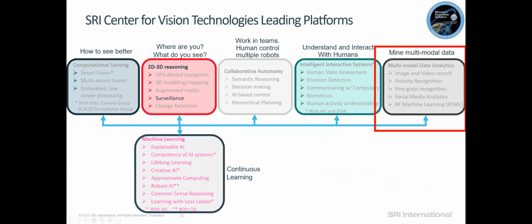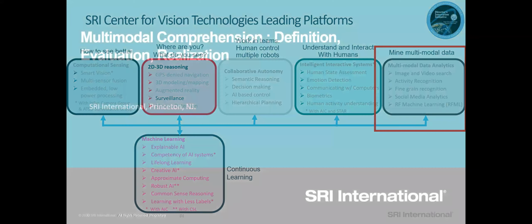Then specifically within the Information and Computing Sciences division, we have the Center for Vision Technologies, and we work on various aspects of computer vision, including both real-time applications as well as offline applications. You can see we are working on a number of ongoing DARPA projects, as well as other government projects.